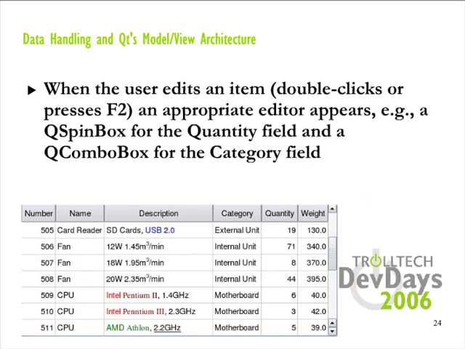But here's an example of a table. And the first column is read-only. The second column is plain text. The third column is rich text. So it's HTML formatted. It's got superscripts. It's got colors. It's got different fonts. The category column, if you initiated editing on that by double-clicking or pressing F2, or however you've designated as the means for initiating editing, it'll turn into a combo box with a fixed list of values.